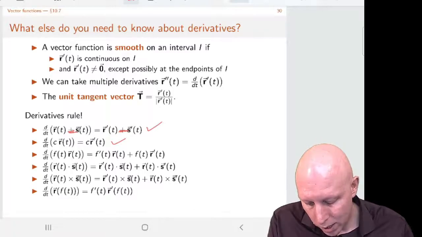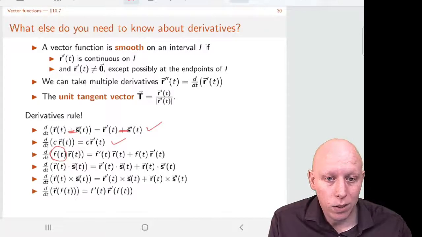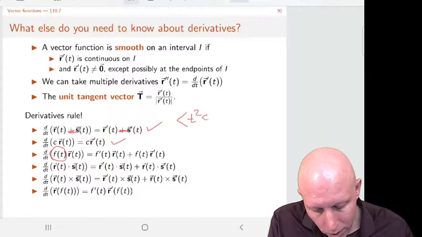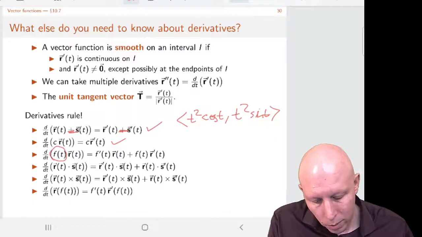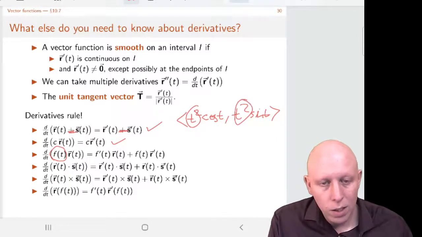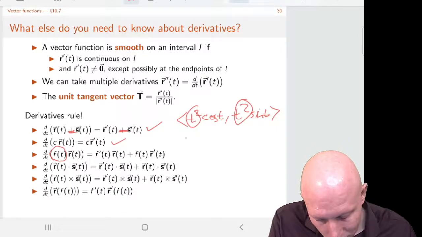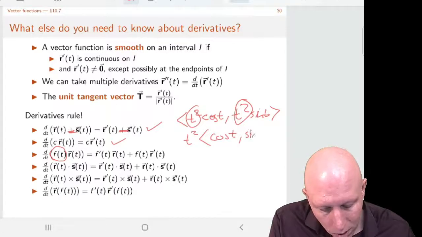So let's say you have a function that's not a vector function. Like t squared cosine of t, t squared sine of t. All right, this t squared, we can think of as t squared times the vector cosine of t comma sine of t.